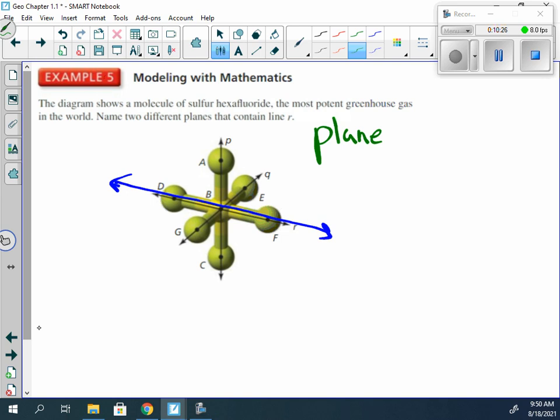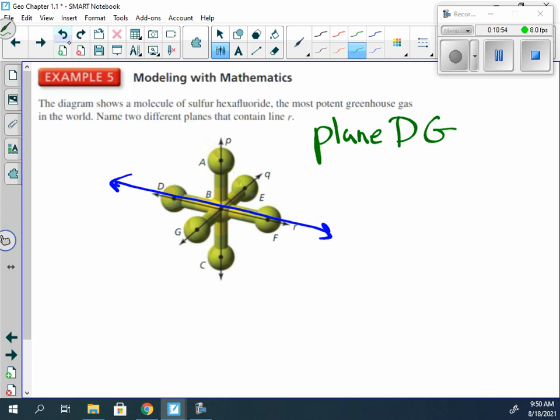So we can use point D, because to name a plane we need 3 points that are not on the same line. So G. DGA would not work, because what we would be talking about is a plane that is tilted on the side.